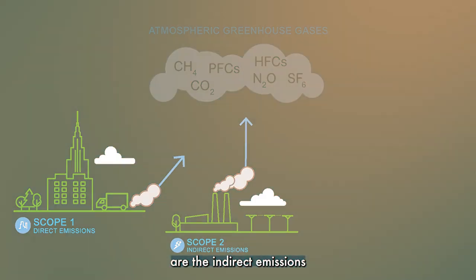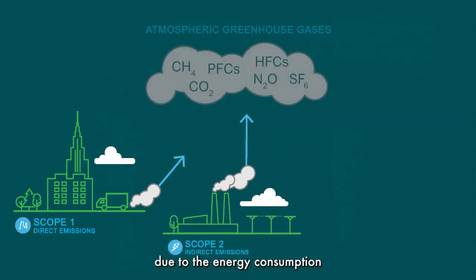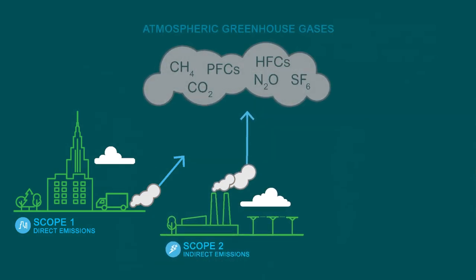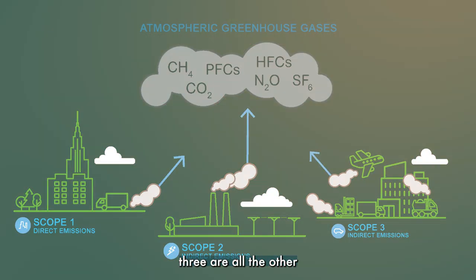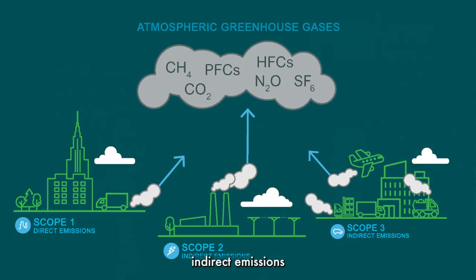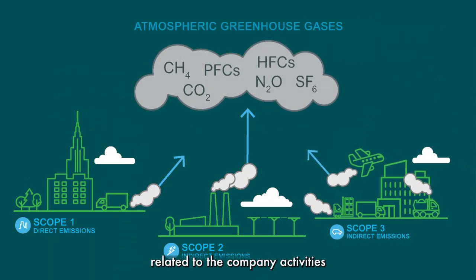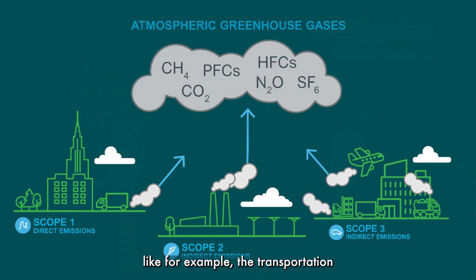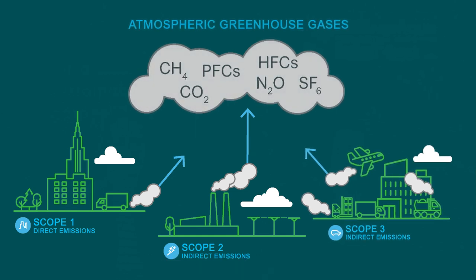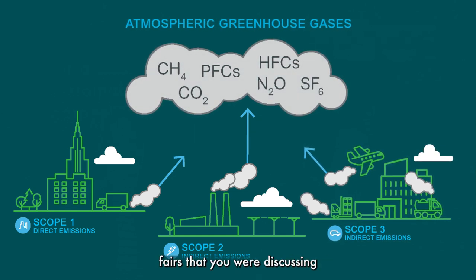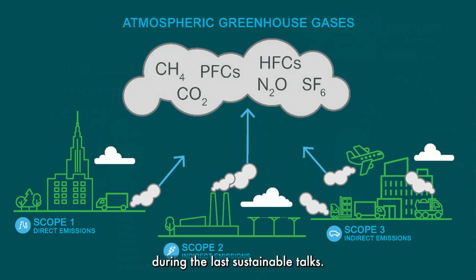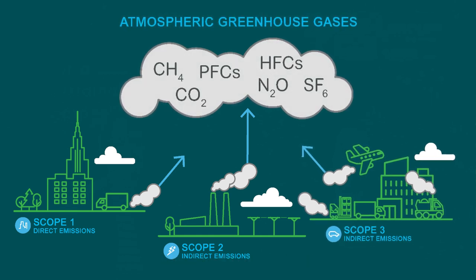Scope 2 are the indirect emissions due to the energy consumption. And Scope 3 are all the other indirect emissions related to the company activities, like, for example, the transportation of our products or the attendance to the trade fairs that you were discussing during the last Sustainable Talks.